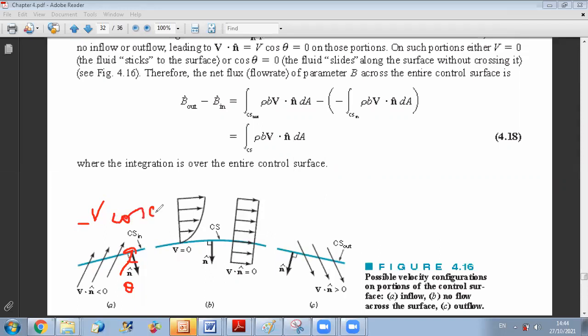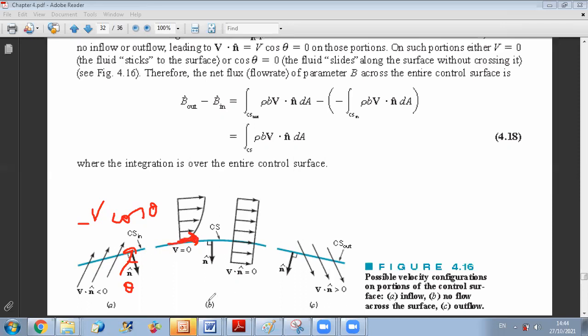Okay. Now, if you look at this case here, if you have a control surface and the flow is tangent to it, then you don't have any mass flow rate crossing the control surface. So components of velocity parallel to the control surface will not contribute to the mass flow rate, to m dot in or m dot out, since they will just be tangent to the control surface and will not cross it.